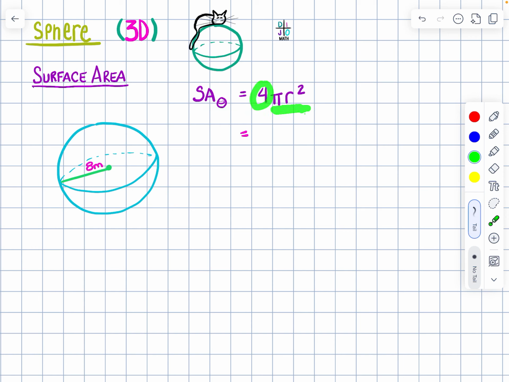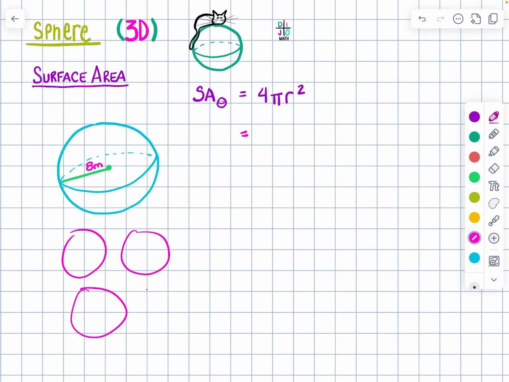And if you remember, pi r squared is the area of a circle. So the surface area of a sphere is equivalent to 4 circles that have the same radius, which is really kind of interesting to me. So you're going to have these 4 circles, and that's going to be equivalent to this surface area.